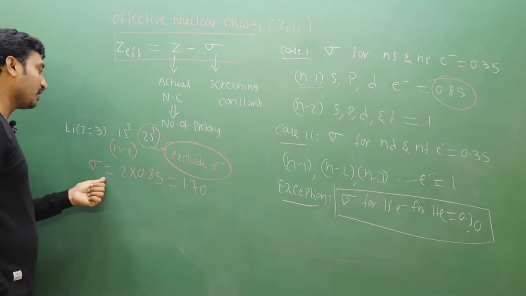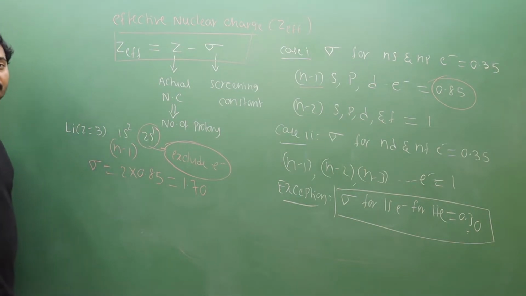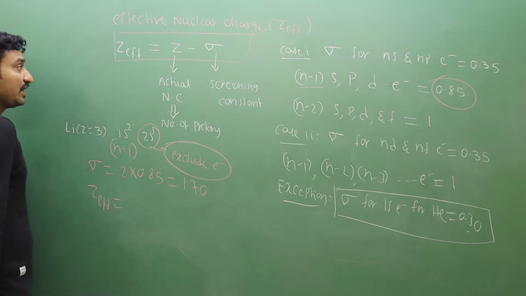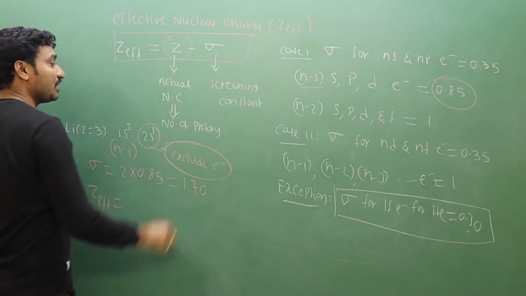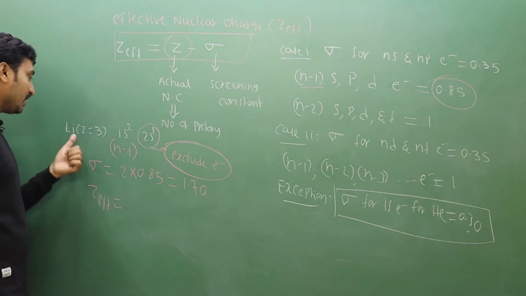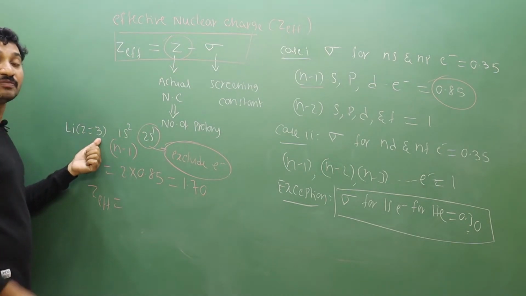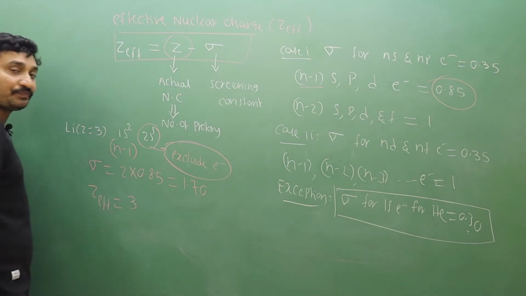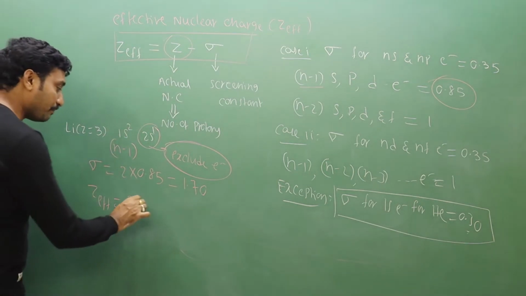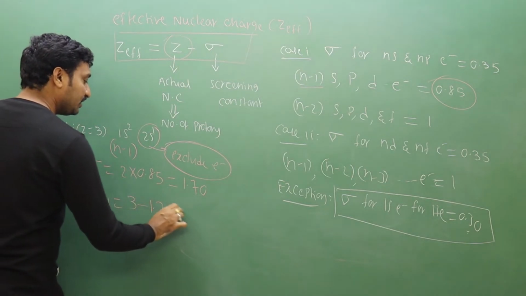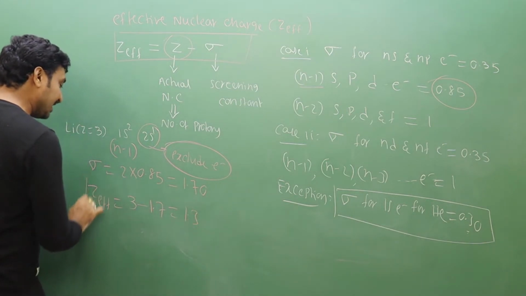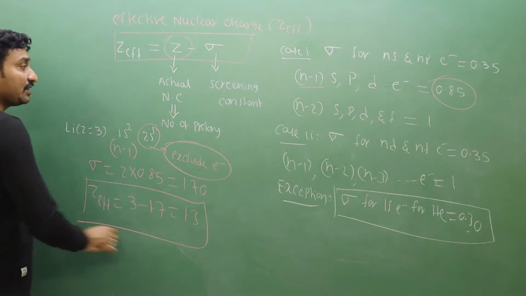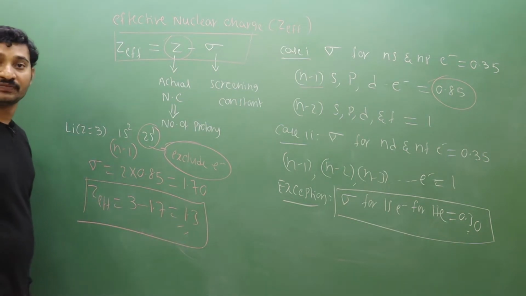That is sigma for the 2s electron in lithium. Then effective nuclear charge is the actual nuclear charge, the number of protons. Lithium has atomic number 3, so 3 protons are present in the nucleus. Actual nuclear charge 3 minus 1.7 equals 1.3. So Z effective for the 2s electron in lithium is 1.3.